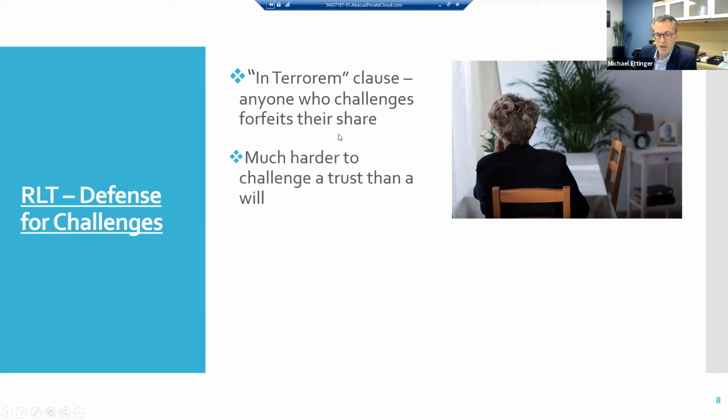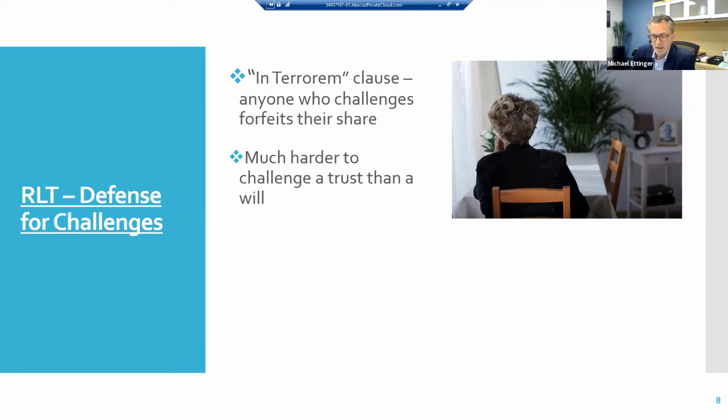Do you know that it's much harder to challenge a trust than a will? I did a paper on this once, and maybe I'll explain it a little bit for the benefit of our listeners today. To challenge a will is the easiest thing in the world, because a will gets filed in court and everybody gets a notice that the will's been filed for probate. Basically, all you have to do is check a box and say you don't agree, and that starts a will contest.